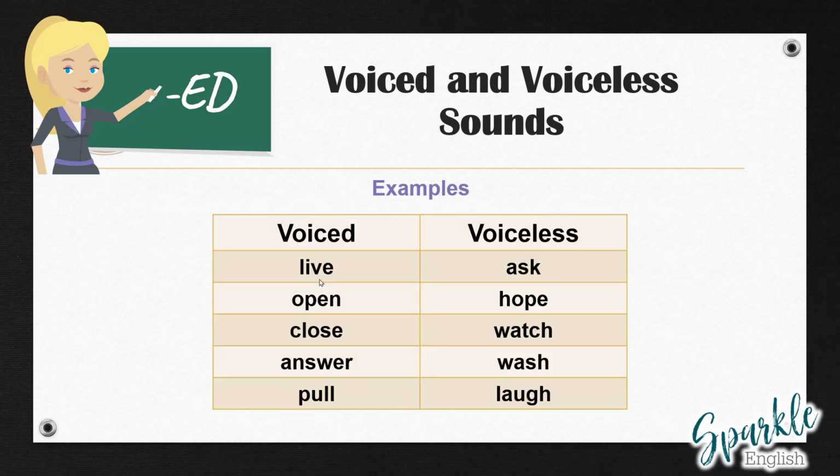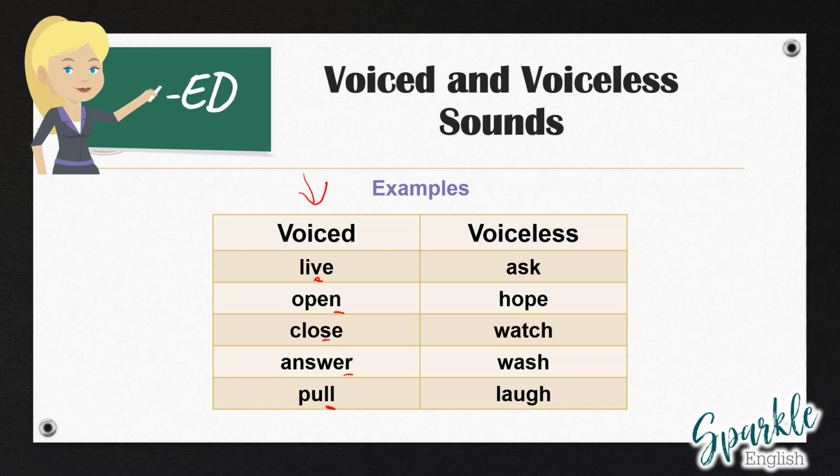Now, the reason we're discussing voiced versus voiceless sounds is because this relates to how you will pronounce ed. So first we're going to review these different voiced sounds. All of these different verbs here end in a sound that has a vibration. So live, open, close, answer, pull.